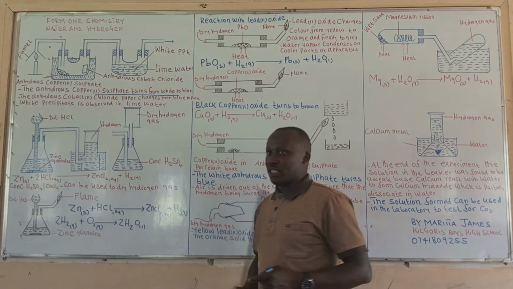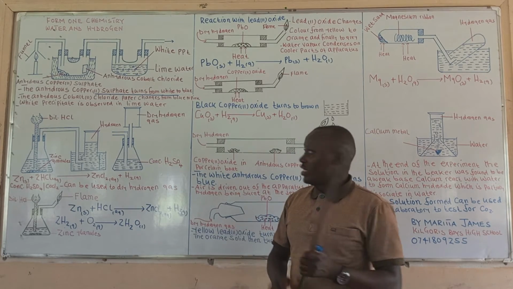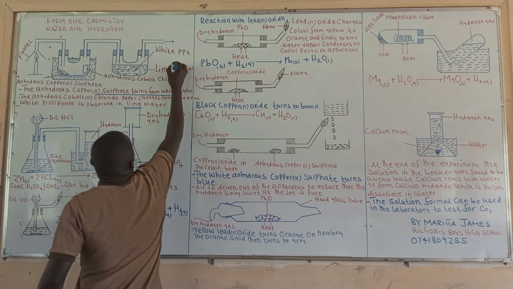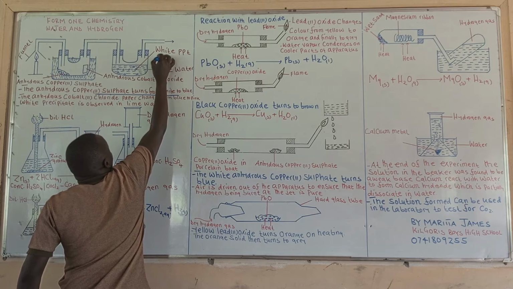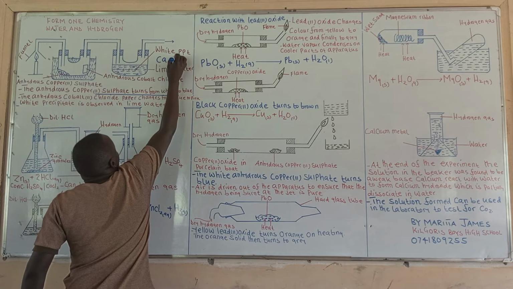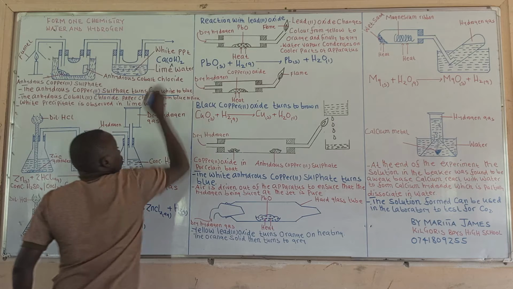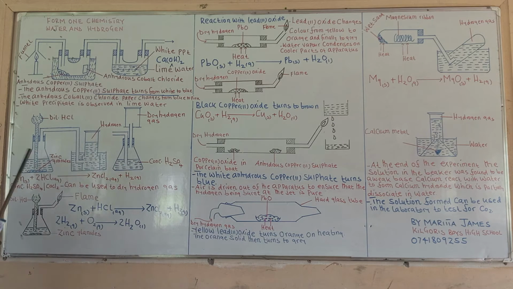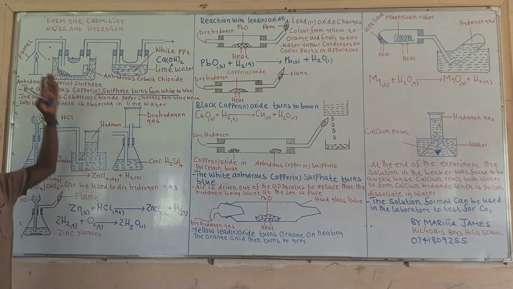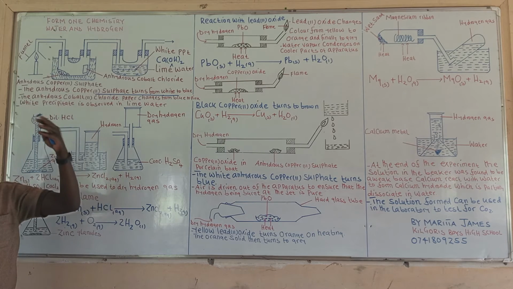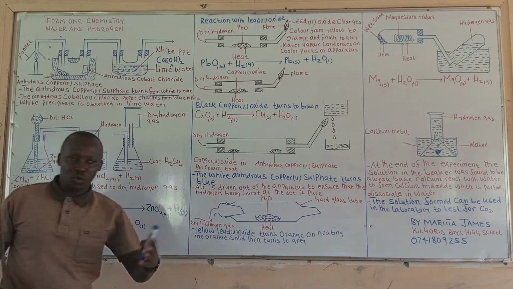Now we have lime water. The lime water here is just calcium hydroxide. The calcium hydroxide is normally used to test the presence of carbon dioxide. Remember, we have said that there are two products produced from here, that is CO2 and water.